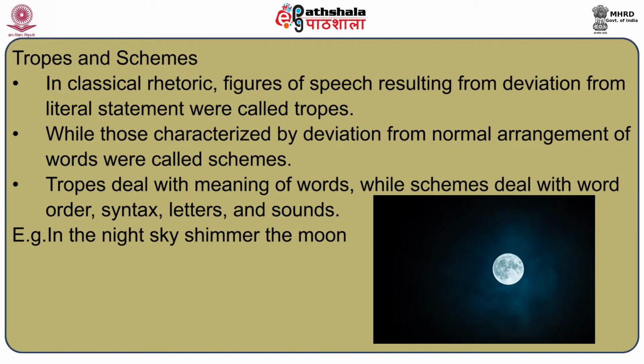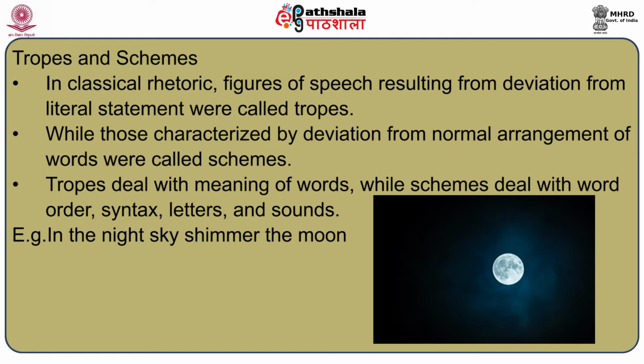Tropes, meaning interchange, are supposed to be figures of lexical substitution, and schemes, figures of grammatical patterns which might involve repetition as in alliteration or extra regularity as in parallelism of the three clauses of syntax.